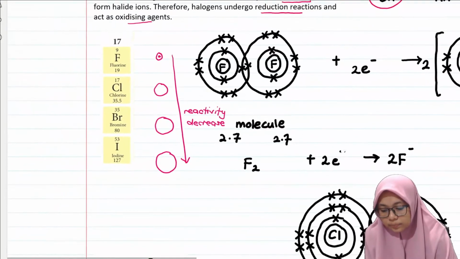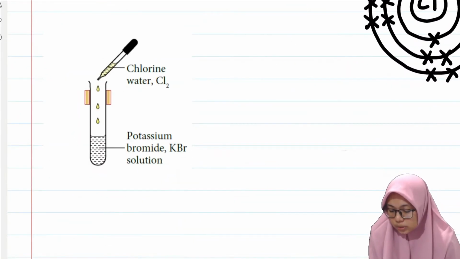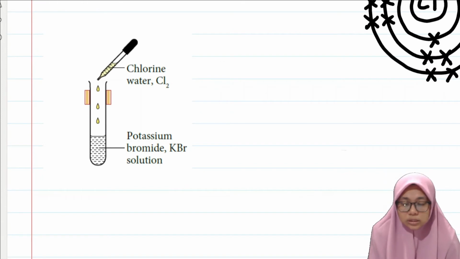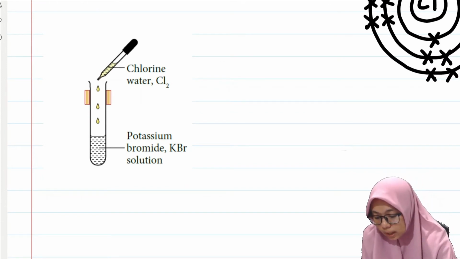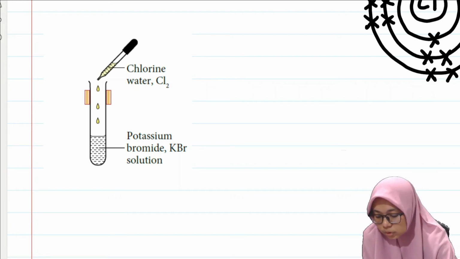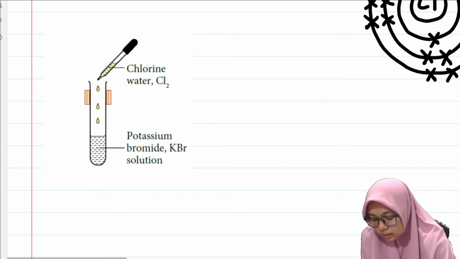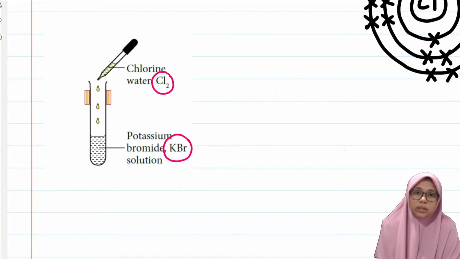So now, let's look at the experiment here. This is the first example given to you in your textbook, where we add chlorine water to potassium bromide solution. So you can see that this is the formula Cl2, and then they use KBr. Why KBr?